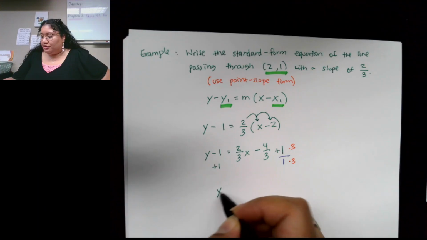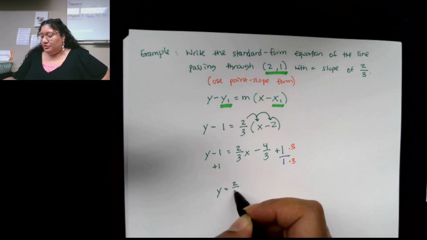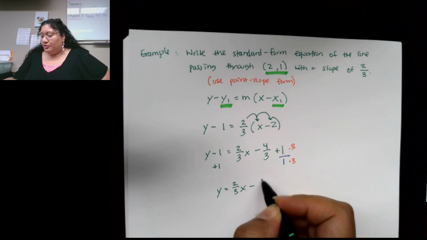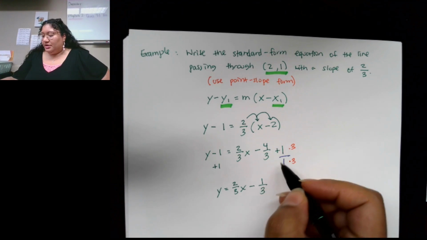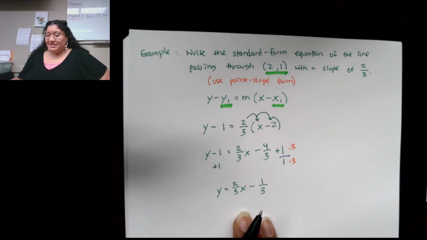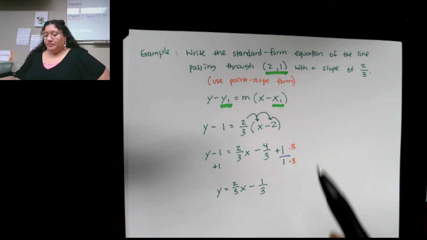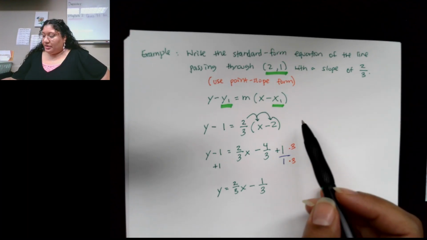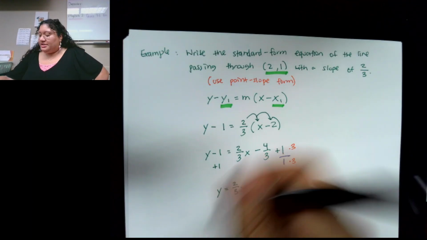Negative 1. Good job. I get y equals 2/3 x minus 1 over 3. Now, this is if I was trying to solve for my equation in slope-intercept form. From here, I'm actually going to take a different route.